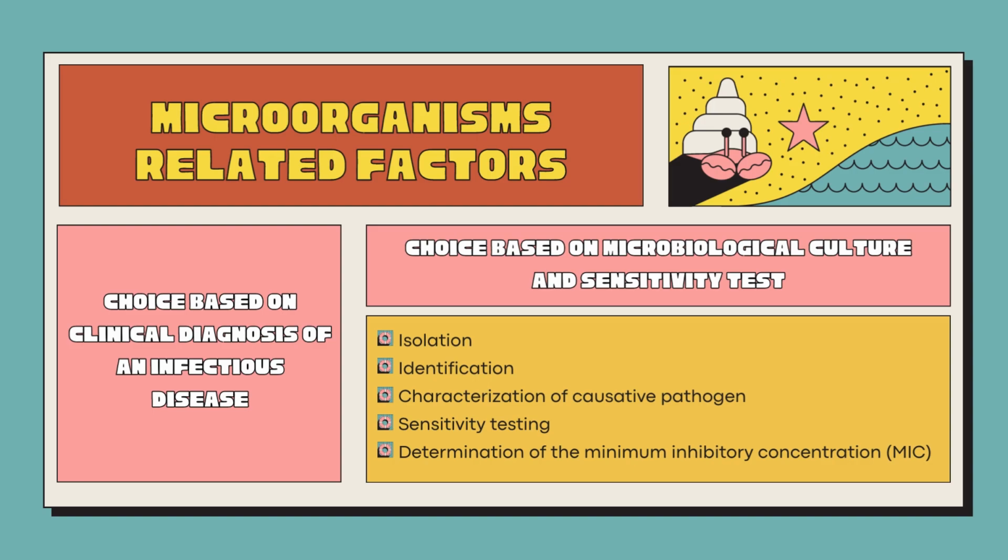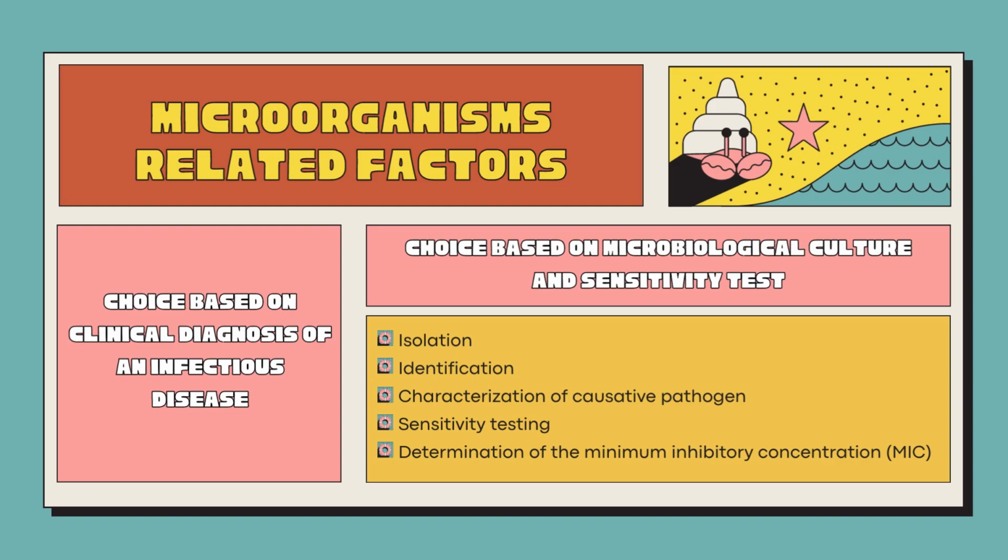So, in the choice based on clinical diagnosis of an infectious disease, a preliminary clinical diagnosis should first be made to guess the likely pathogenic organism. In this case, neither the pathogenic organism nor its sensitivity is much variable, and therefore clinical diagnosis itself determines the choice of antimicrobial agents.